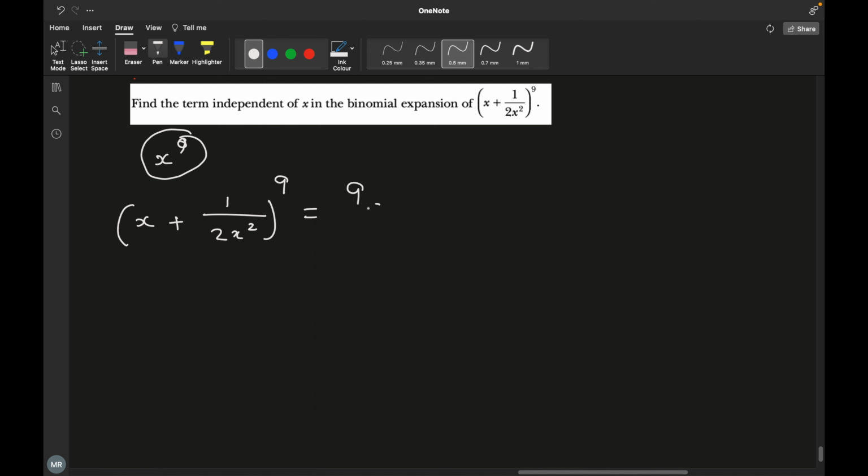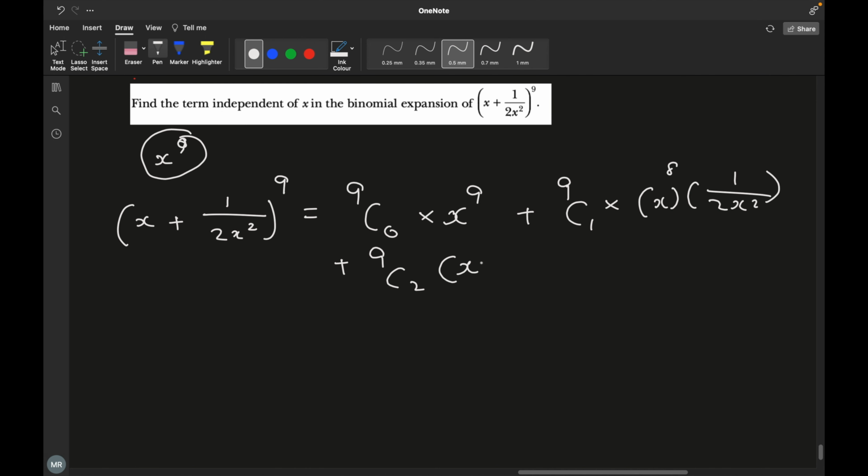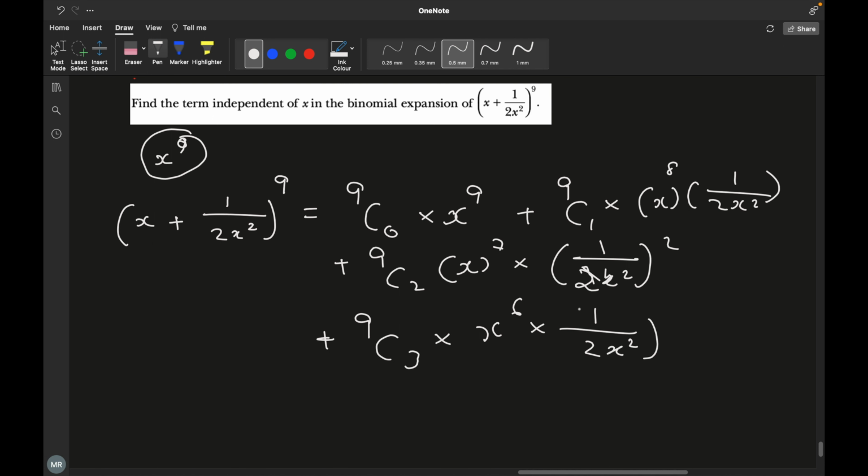So this is going to be 9C0 multiplied by x to the power of 9, and this is going to be to the power of 0. So 9C1 into x to the power of 8 multiplied by 1 divided by 2x squared, plus 9C2 multiplied by x to the power of 7 multiplied by 1 divided by 2x squared whole squared, plus 9C3 multiplied by x to the power of 6 multiplied by 1 divided by 2x squared whole to the power of 3.